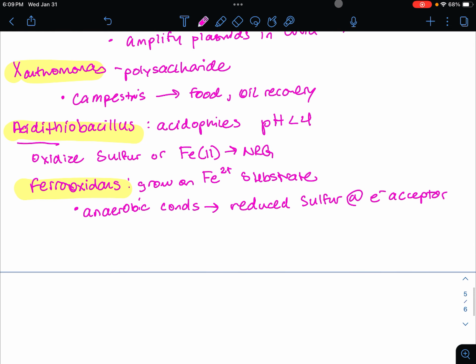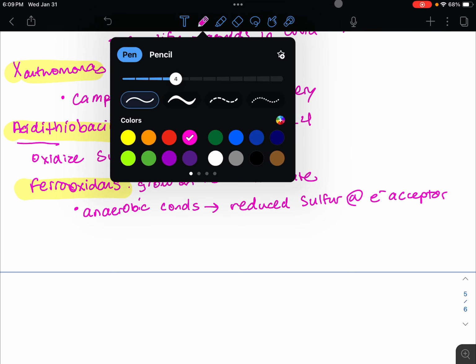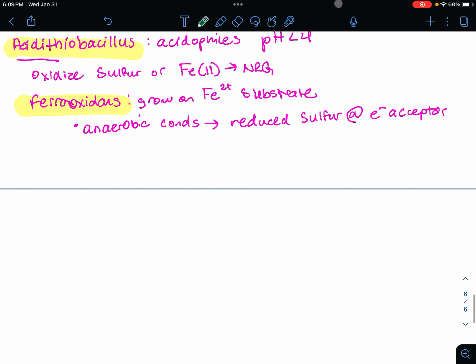Very interesting stuff. All right, now we are going into the alpha proteobacteria. All right, alpha proteobacteria include the Rhizobium. These are going to be bacilli. They're going to be aerobic chemoheterotrophs.